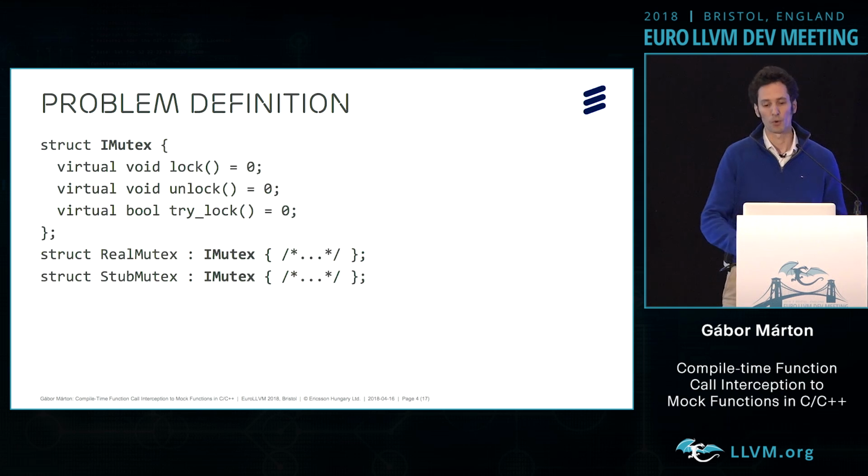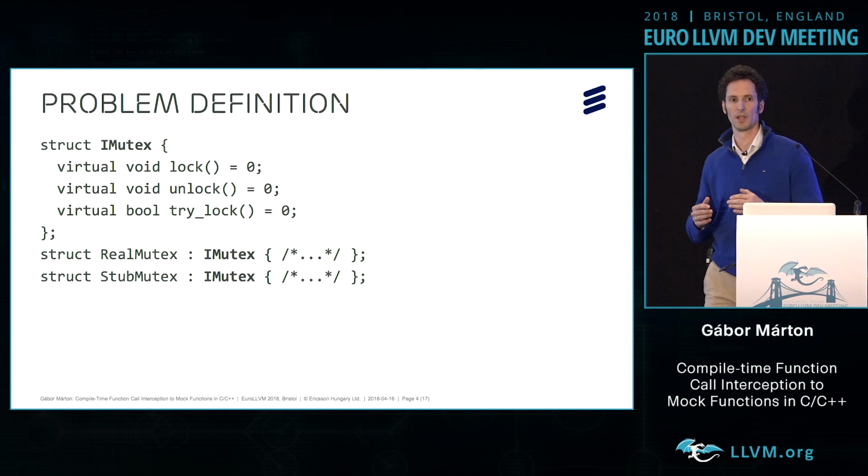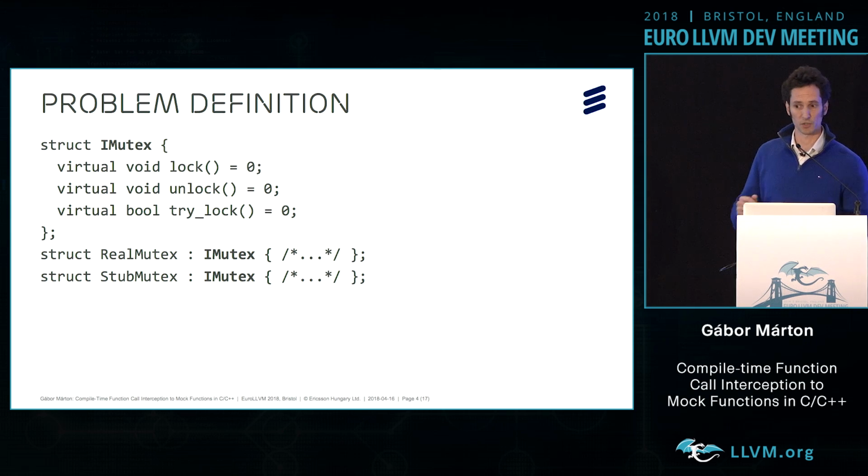One approach would be to simply create a runtime interface which hides the abstraction, and we would have two implementations, one for the production code and the other one for the test code.